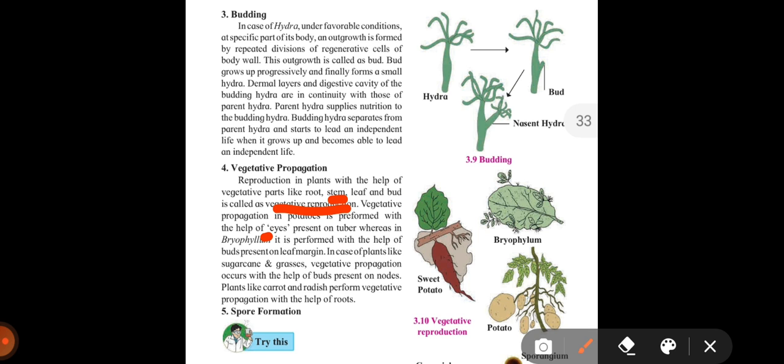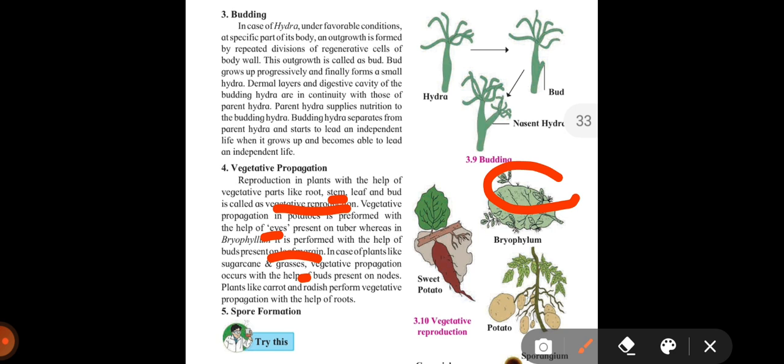That's why it's named vegetative propagation. Potato is propagated with the help of eyes on the tuber, whereas Bryophyllum is propagated with the help of buds present on the leaf margin. This is the leaf margin. They can lead to a new plant.